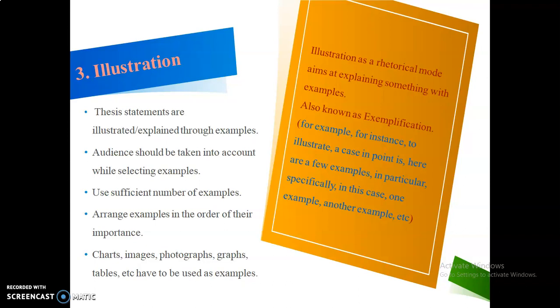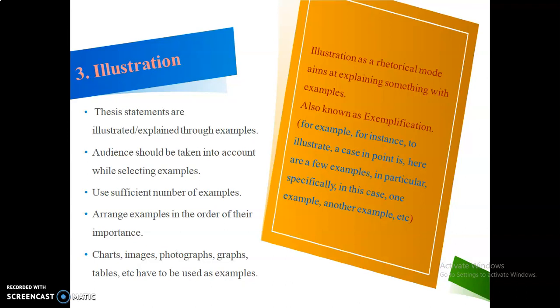So some basic features of illustrative essays are: thesis statements are illustrated or explained through examples. The thesis statement is the main point of the essay, and it is elaborated and explained using examples. Audience should be taken into account while selecting examples.